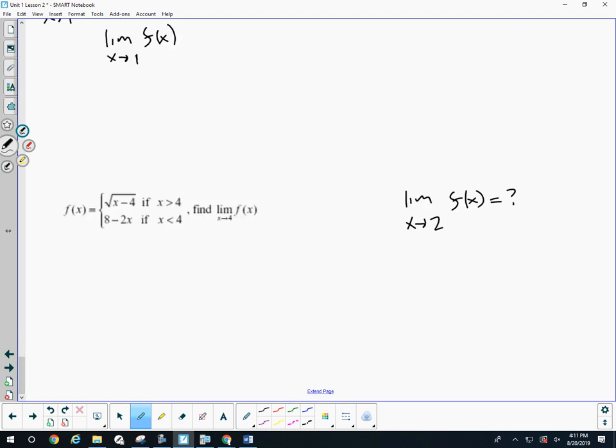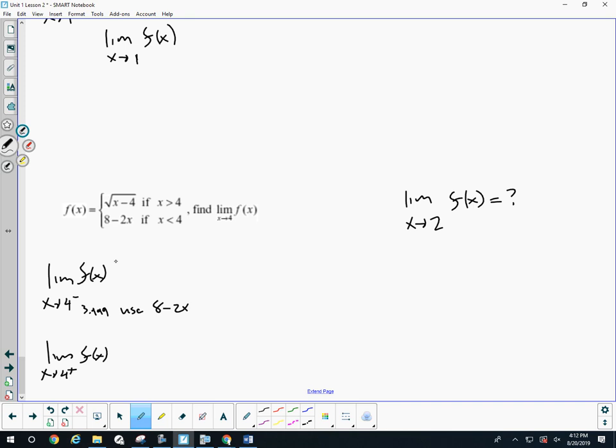Let's look at this one. We have the limit as x approaches 4 of f of x. Well, you should be looking at 4 from the left and 4 from the right. Now, if I'm looking to the left of 4, 3.999, I would be using 8 minus 2x.